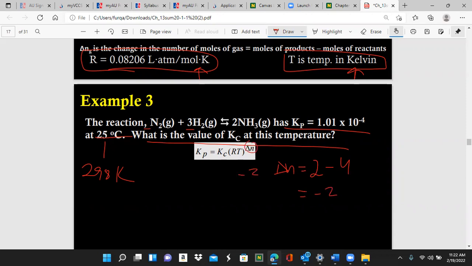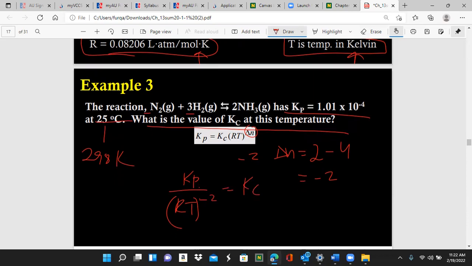So the Kp is given to us. We have to rearrange this equation, right? So it's going to be Kp over RT, oops, this is not T, so RT raised to the power minus 2 equals Kc.